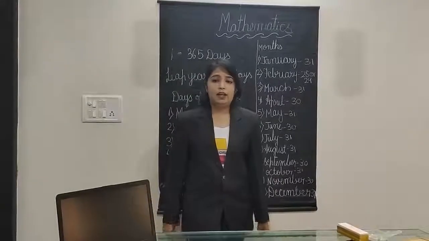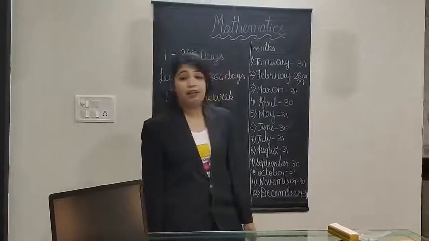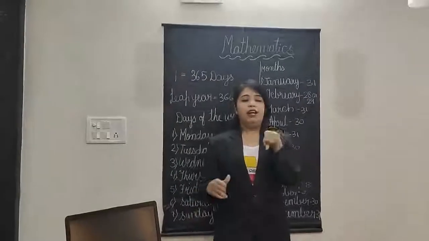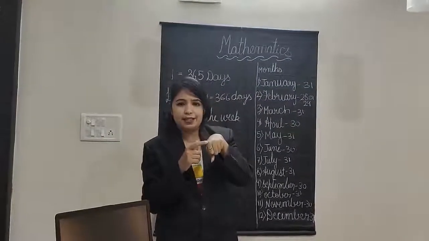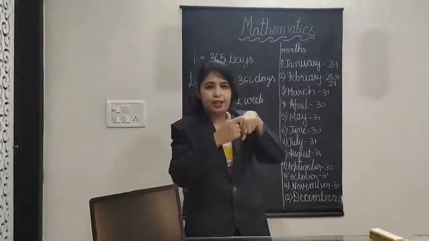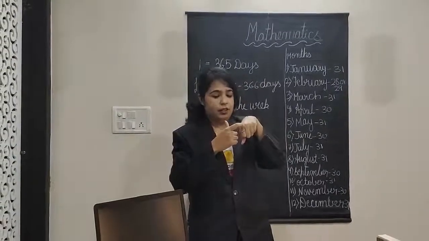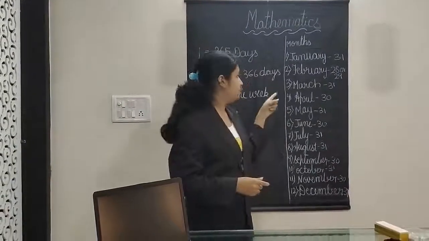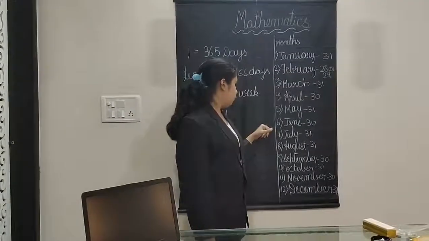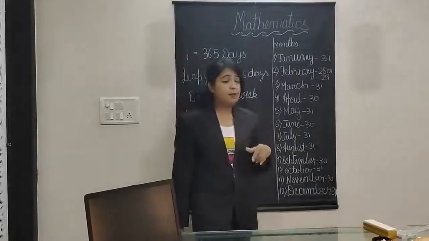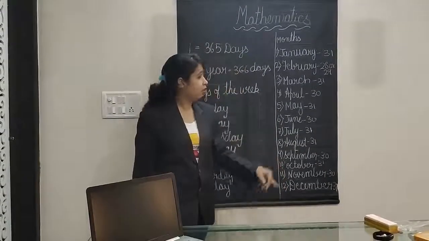How can you know whether there are 31 or 30? We have already done this with our hand. The upper side has 31 days and the lower side has 30 days, right? So we have already done this in our class. So which month comes after March?